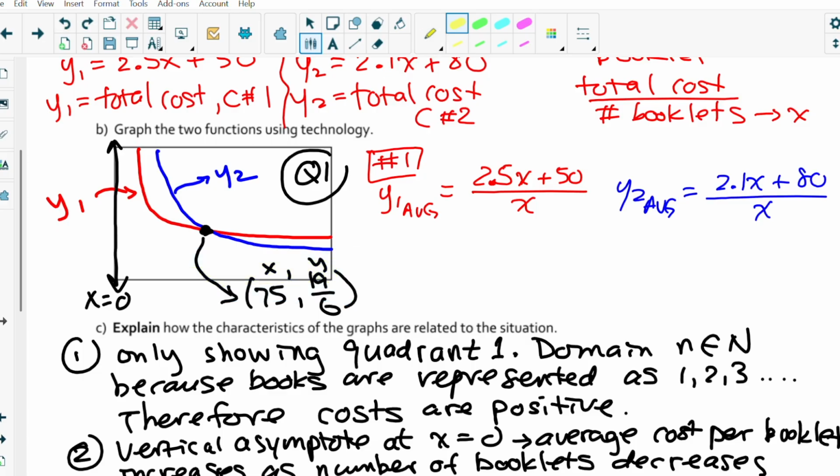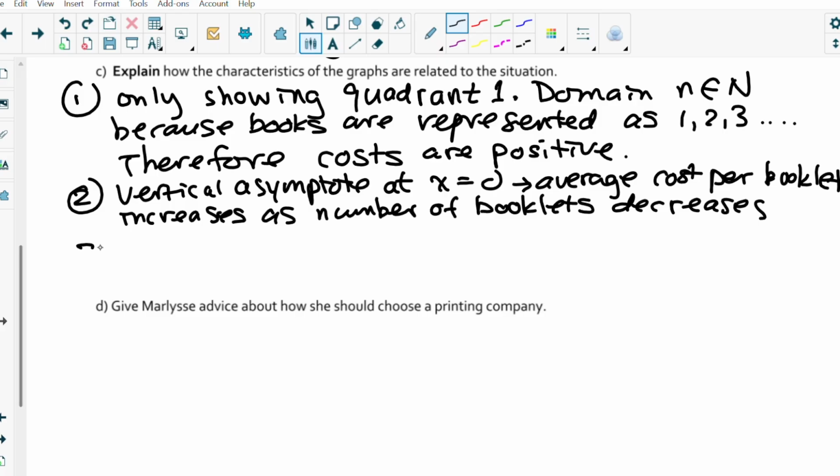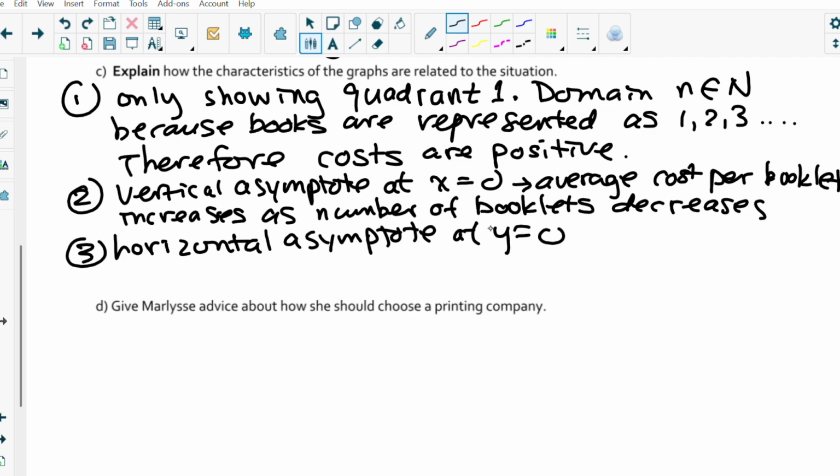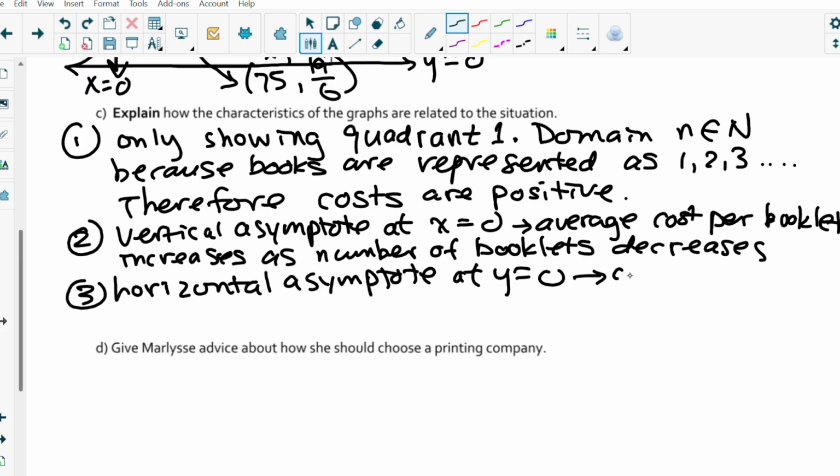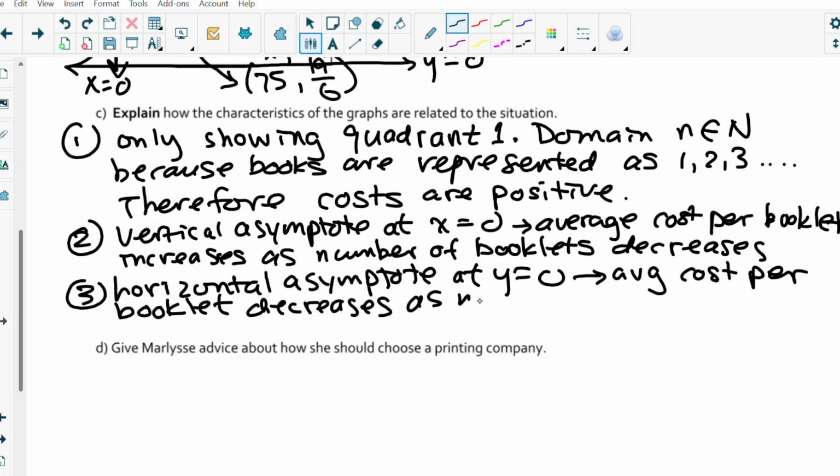All right, next one. How about our horizontal asymptote? So describing end behavior, where is the horizontal asymptote located? At y equals 0. Average cost per booklet decreases as number of books increases.